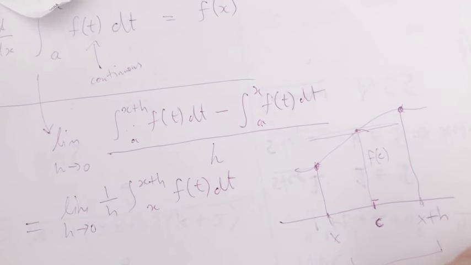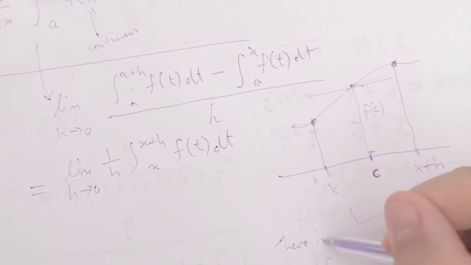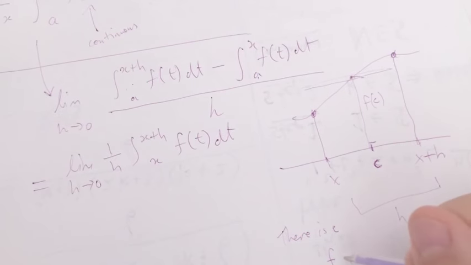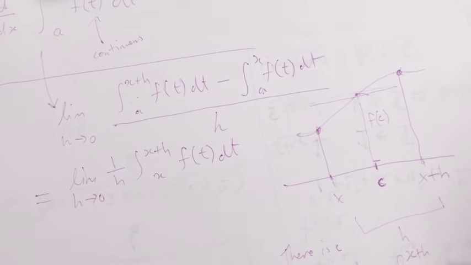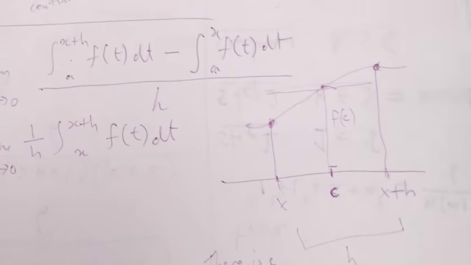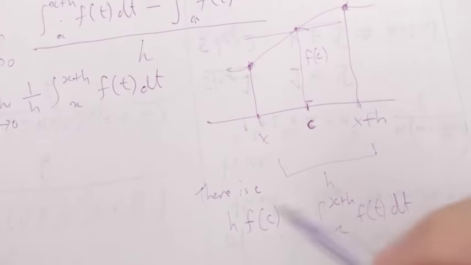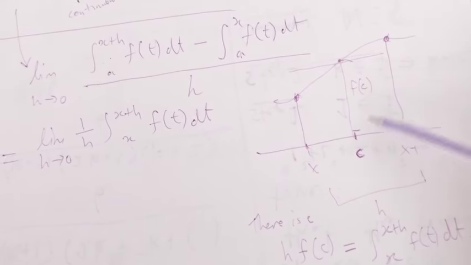So what I want to say is that there is a c between x and x plus h, such that f of c times h is equal to the area under the curve. So if you think of this function, just as a function of x, so h times f of x, that is the area of the rectangle formed with height f of x and width h.